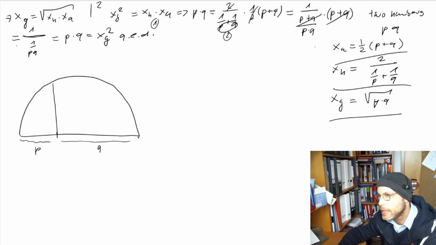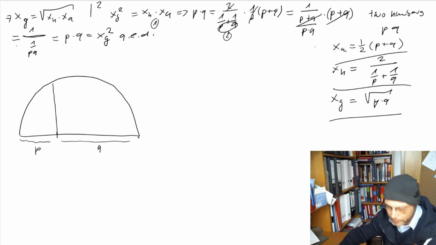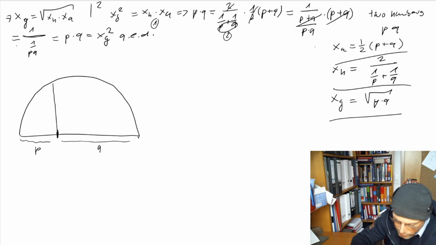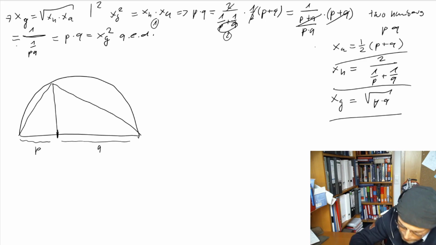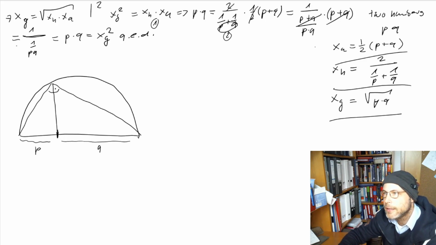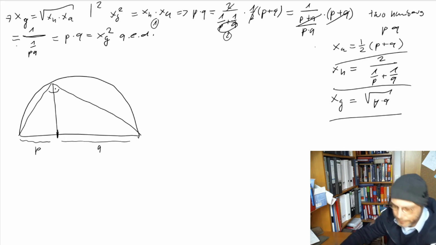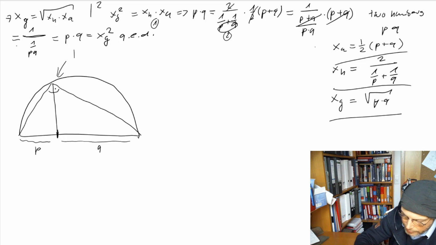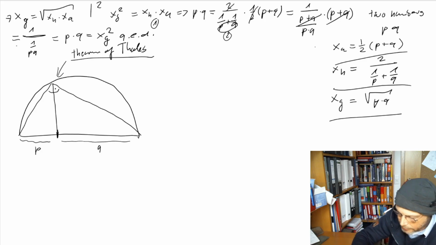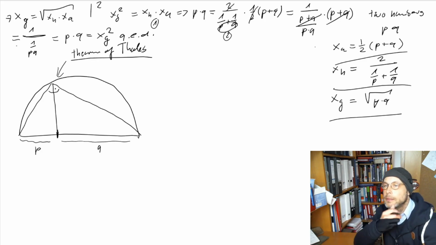If I draw a triangle within this circle, then this triangle has to be rectangular. This is the theorem of Thales, I think. Class 8 or 9, you should have done it.